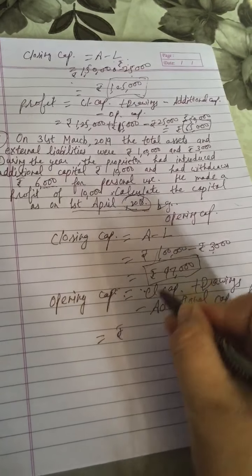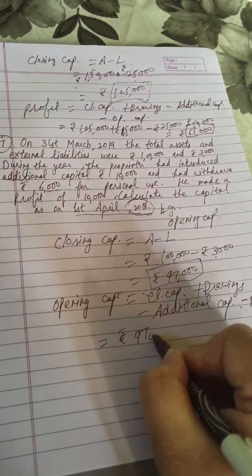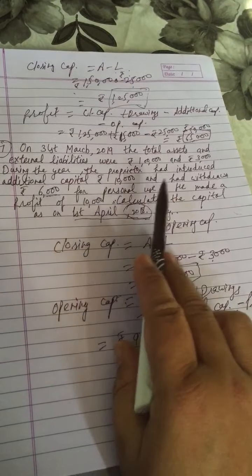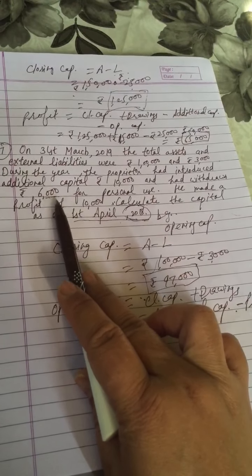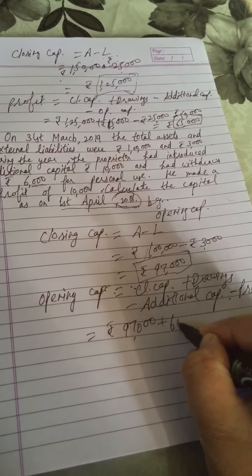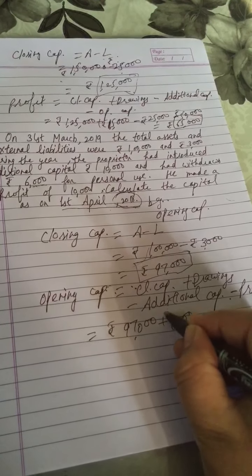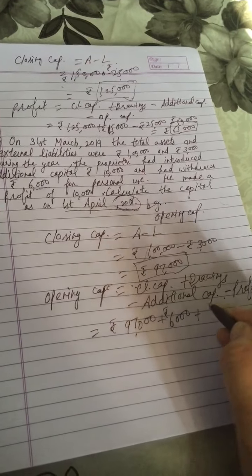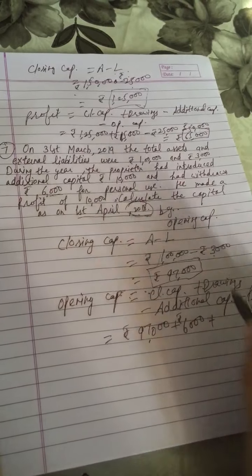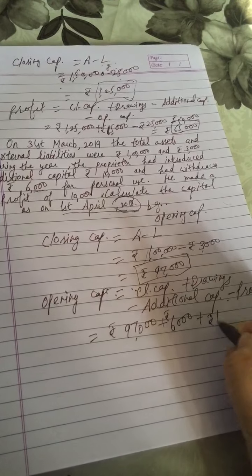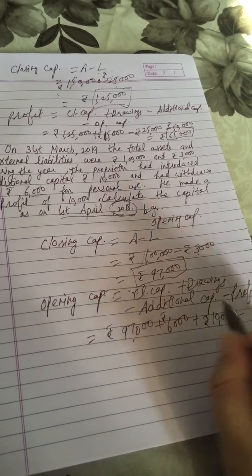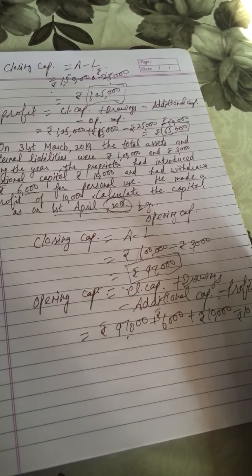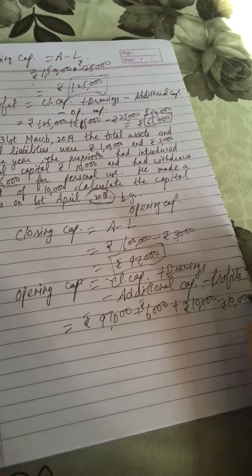So closing capital we have calculated, that is rupees 97,000, plus drawings, means he had made drawings of rupees 6,000, minus additional capital, that is rupees 10,000, minus profit, rupees also 10,000.